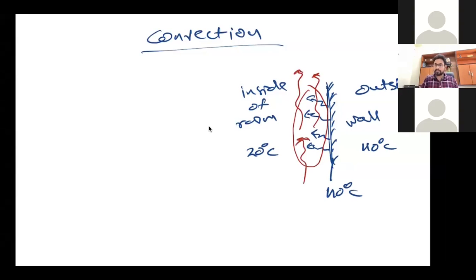So when air gets heated up, it starts flowing because of the extra buoyancy it has got, or the reduced density. This motion that happens is basically convection, the heat transfer that happens from this wall to air. So heat transfer from solid to fluid due to fluid motion is called convection.